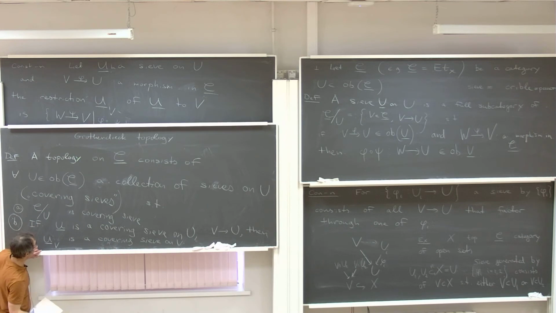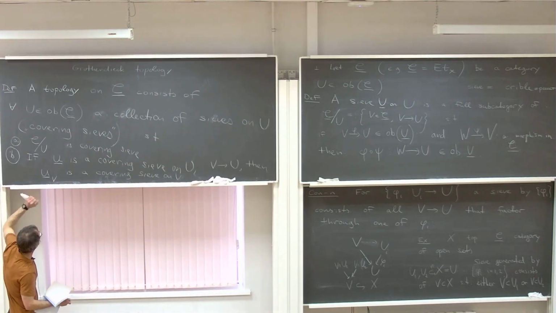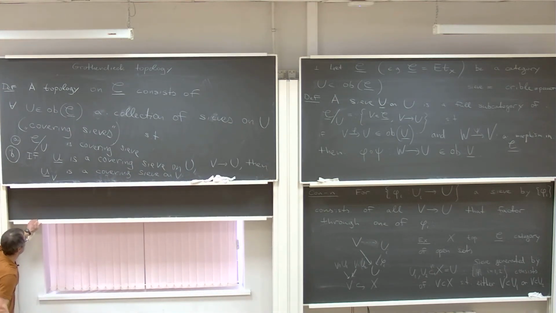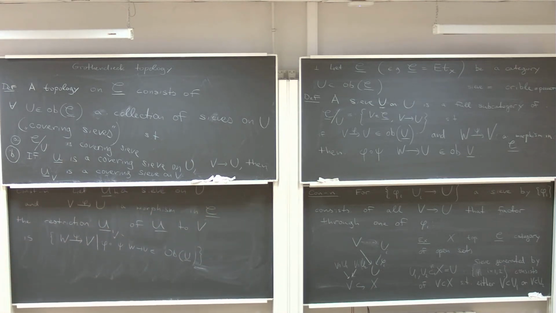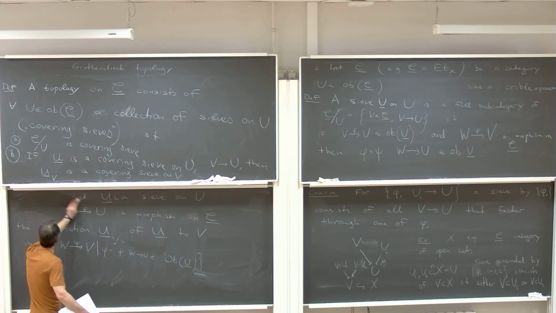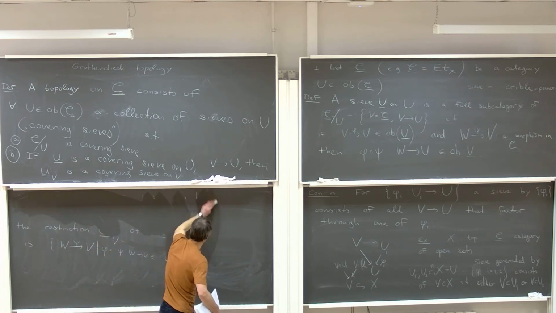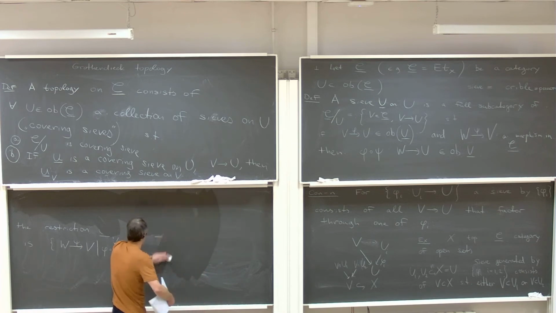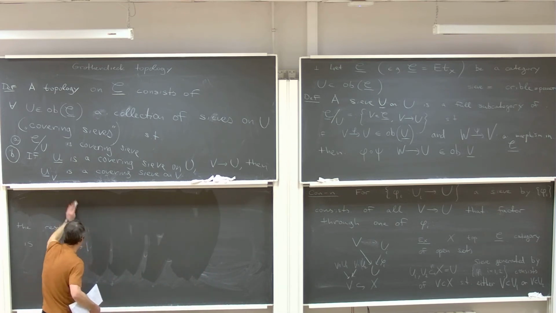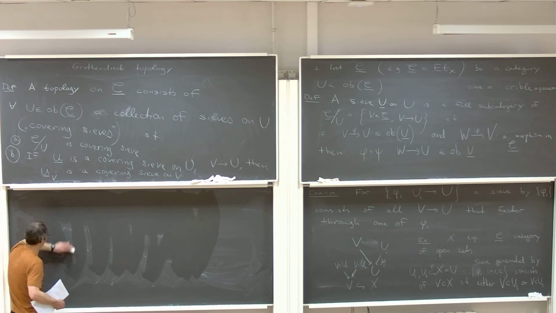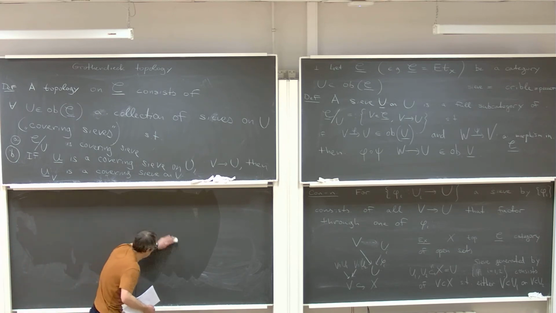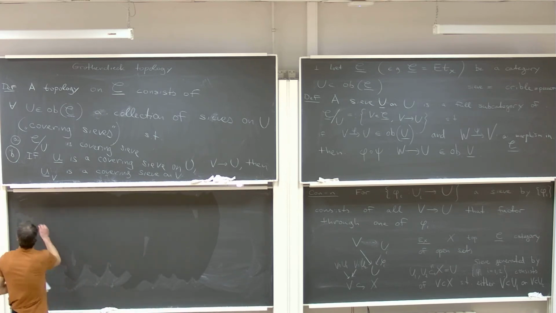And the last axiom says that the property of a sieve to be a covering sieve is local. And here is what it means. So 3.